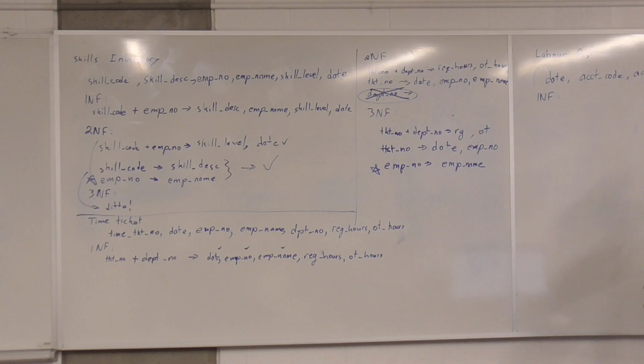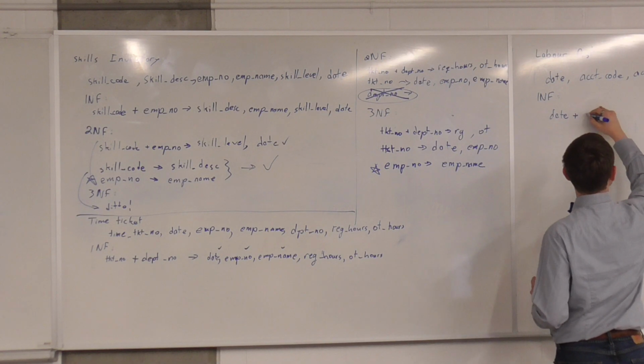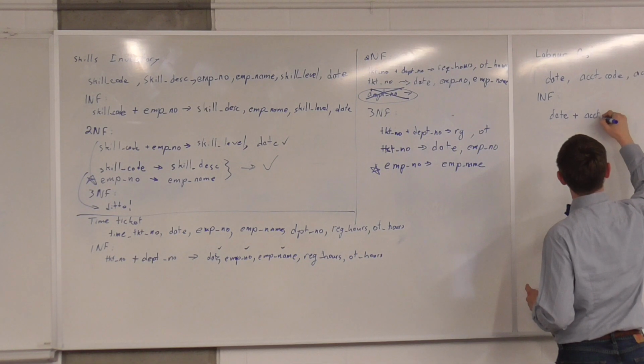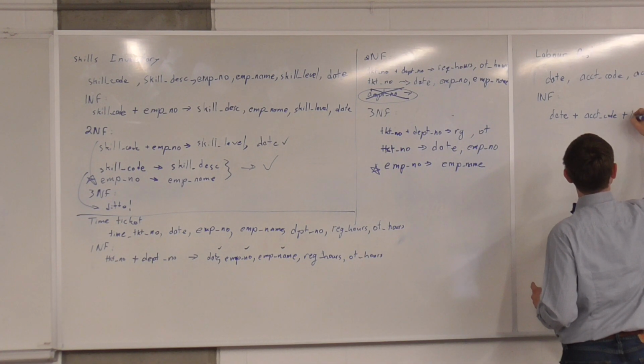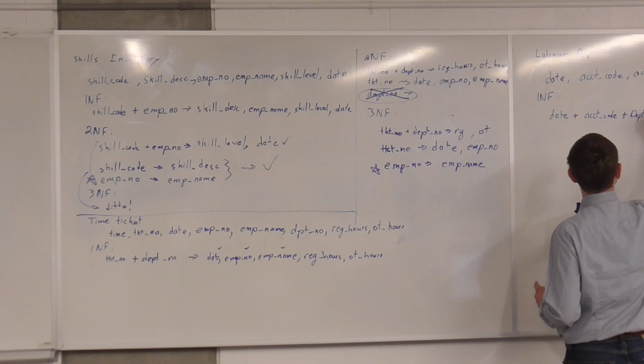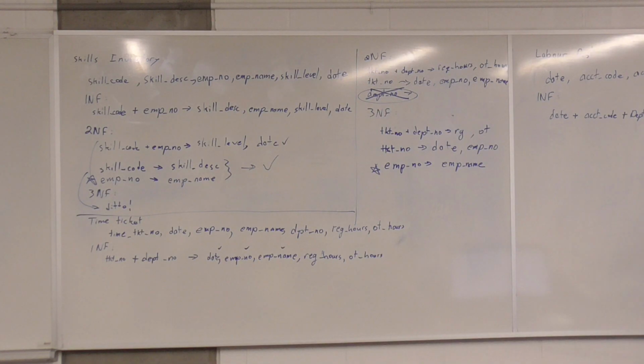So, let's see, we need date plus account code plus department number. The one final check I would do here is to make sure that account code is not dependent on department number, right?